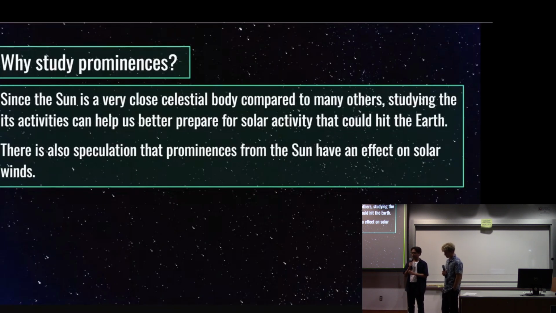A solar flare hit the Earth and it caused massive destruction. There's also speculation that these solar prominences from the sun can have an effect on solar winds. And solar winds are important for space engineers because they need to know the space environment really well before they send satellites or probes out into space.